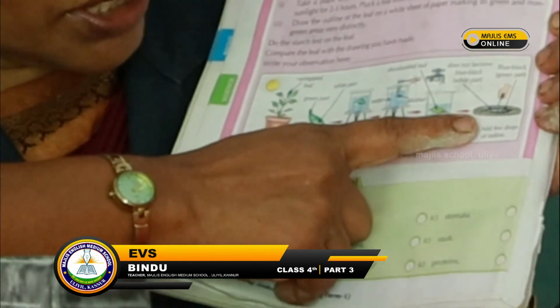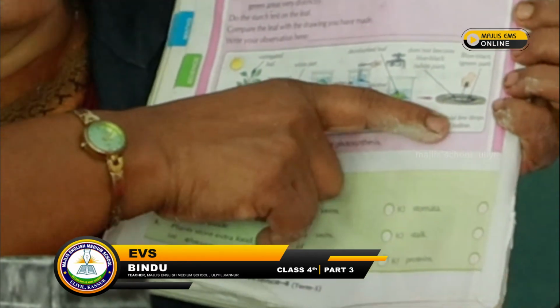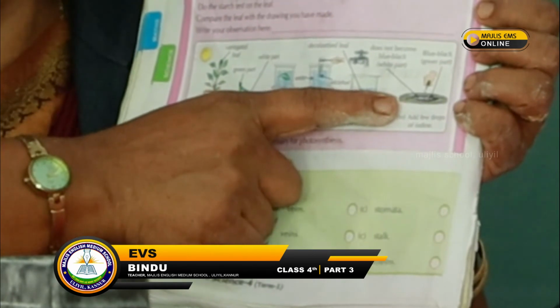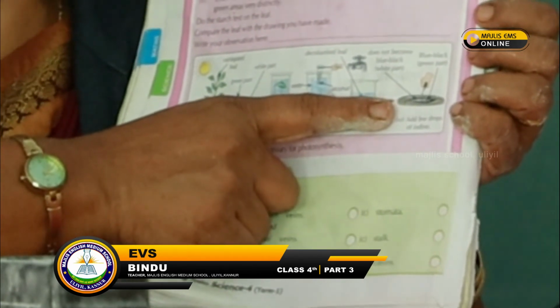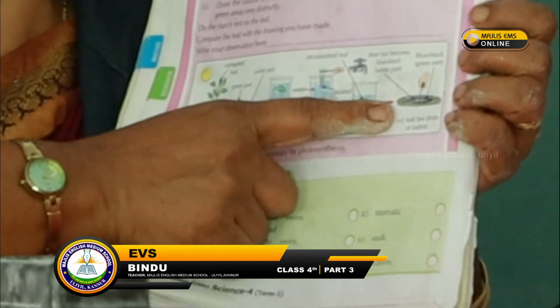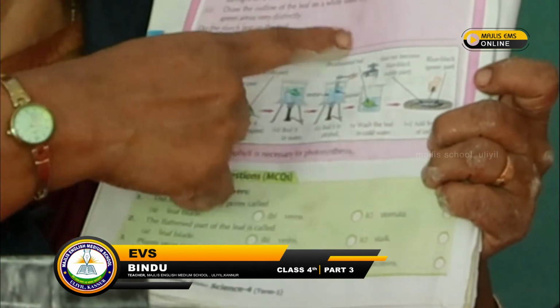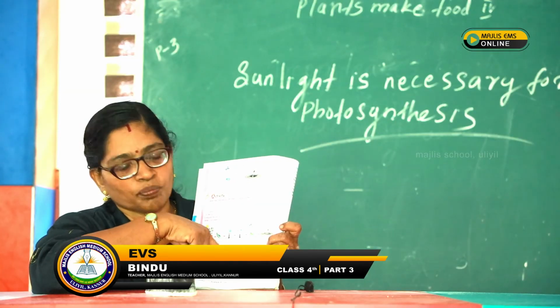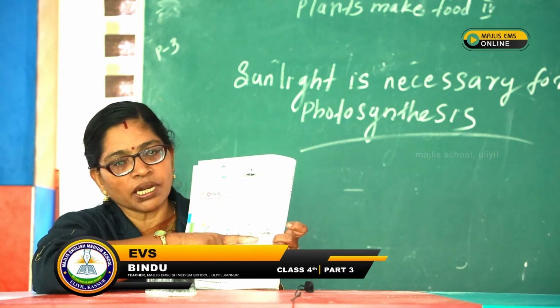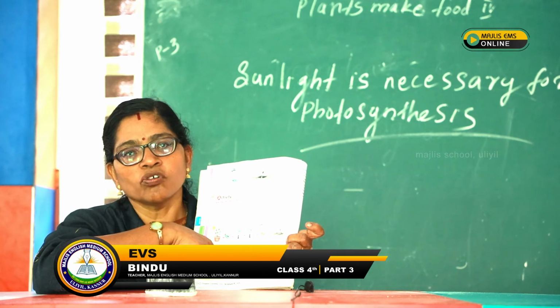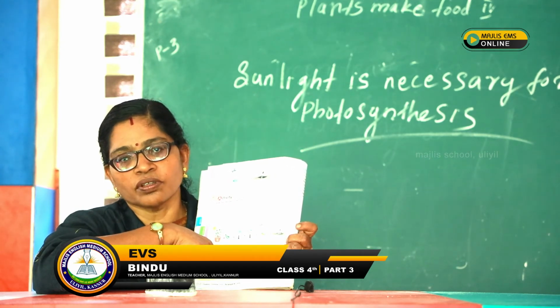Here you look, the green portion only changes, the white portion remains. They didn't change any color. This shows that the green pigment chlorophyll is present in the green part and chlorophyll is necessary for photosynthesis.